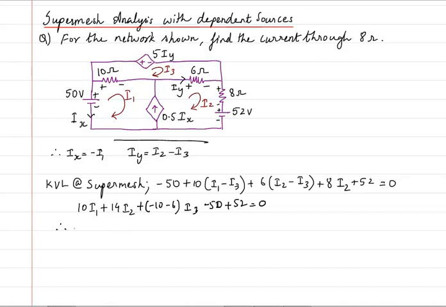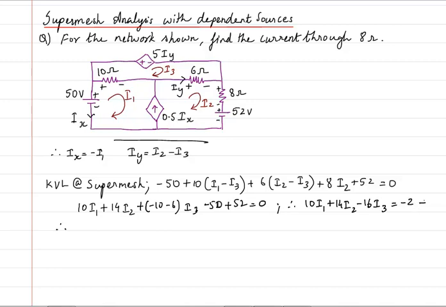Therefore, I am having 10 I1 plus 14 I2 minus 16 I3 is equal to, so 52 minus 50 is 2, which I take to the other side, it becomes minus 2.